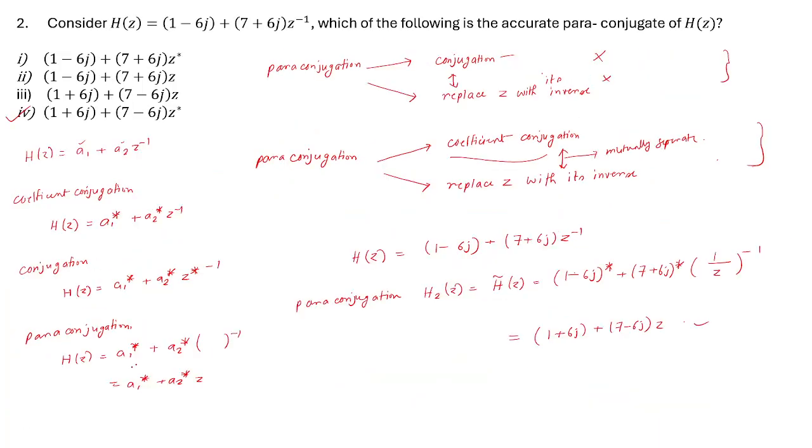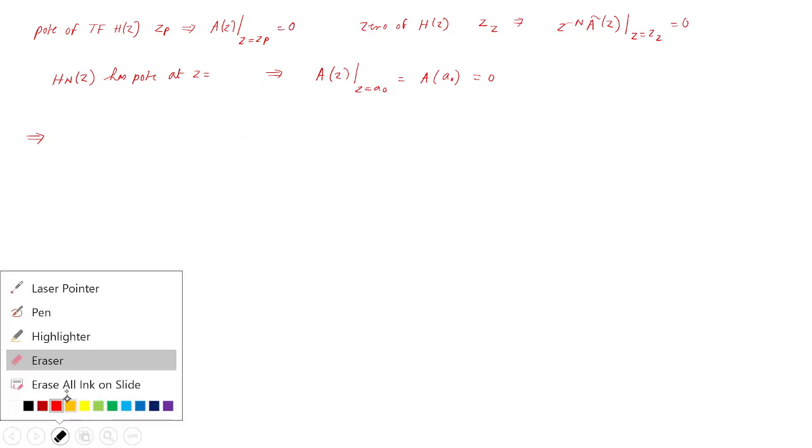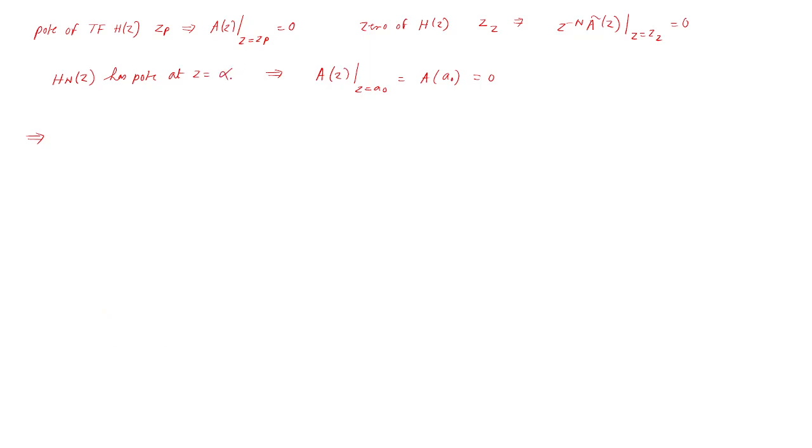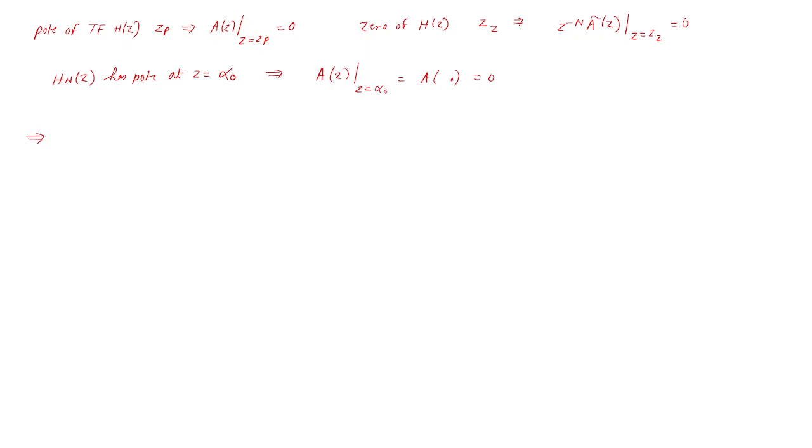Okay, I guess since the coefficient a naught is already there, I should call it alpha naught. z equal to alpha naught is the pole location. So you have A(z) evaluated at alpha naught comes out to be 0.